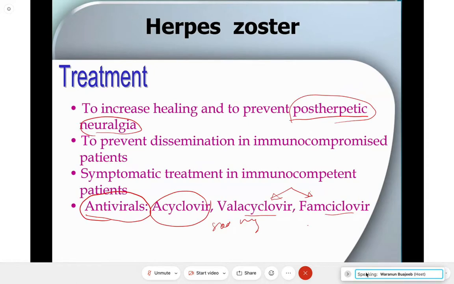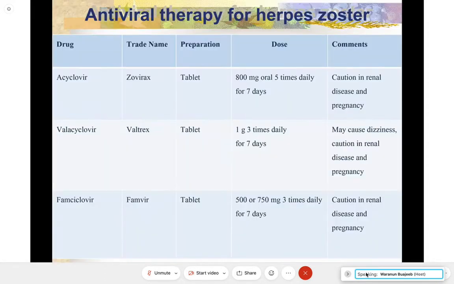To prevent post-herpetic neuralgia, for the elderly sometimes we need to prescribe corticosteroid to prevent nerve fibrosis. This is the antiviral therapy for herpes zoster. You can see the table.